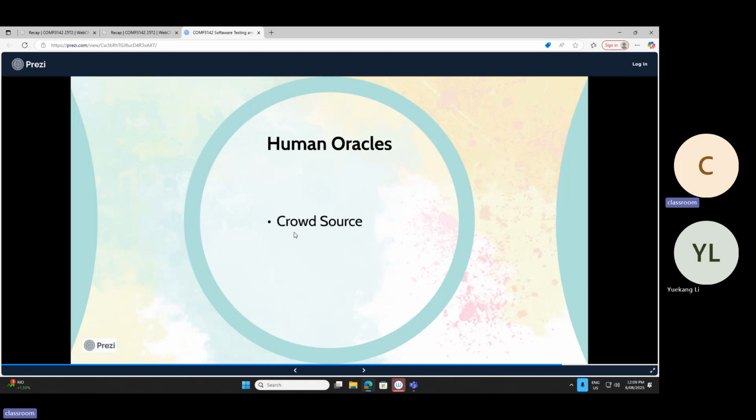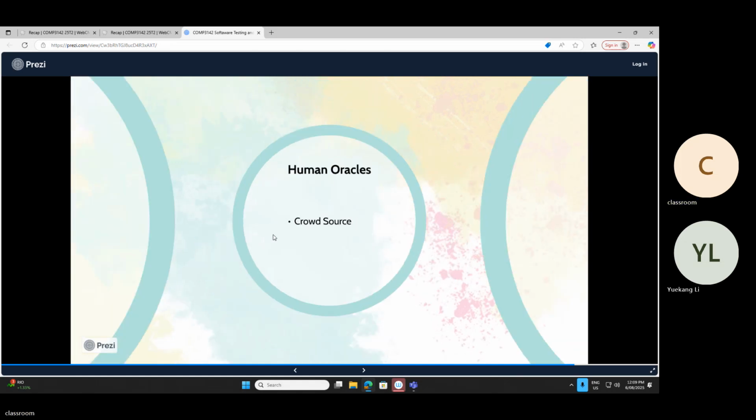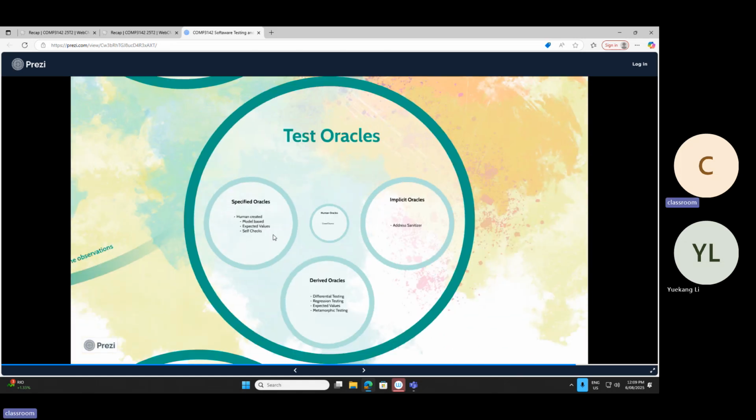During the training process, most of them are kind of using humans as feedback. So for using humans as oracles, sometimes we can do crowdsourcing. Because this is very labor intensive, we can use some crowdsourcing platforms to help us distribute the tasks. So that's all about test oracles.